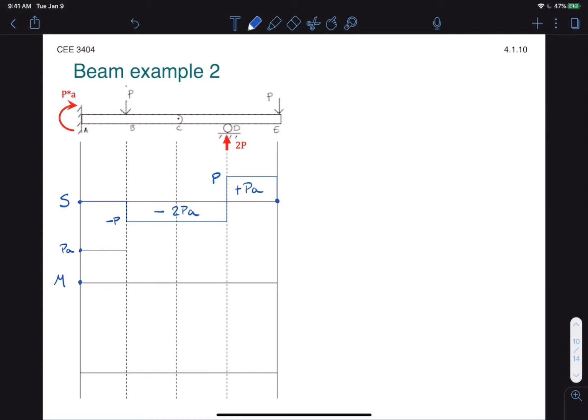Then we go down by 2PA with a slope of negative P. That takes us to negative PA on this side, making sure to draw the moment through 0 there at C. And then the moment increases with a slope of P all the way to 0. Alright, so now we just have to label the curvature. It's positive on the left side, negative on the right side, and then we start to draw.